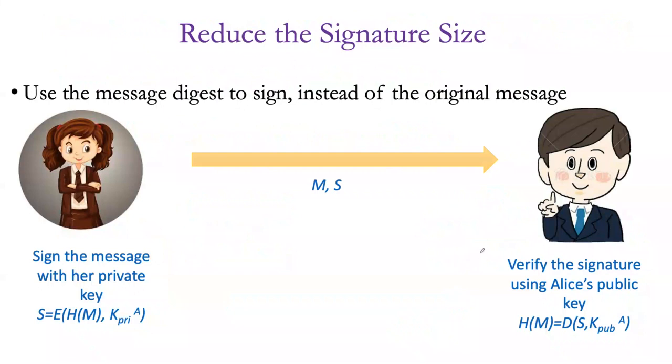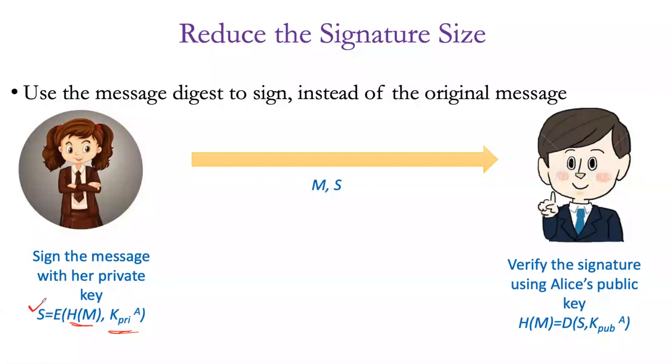This reduces the signature size. They use the message digest, as we discussed, to sign instead of the original message. The message goes through the hash function, and that hash is encrypted with the private key of Alice, which generates the signature.